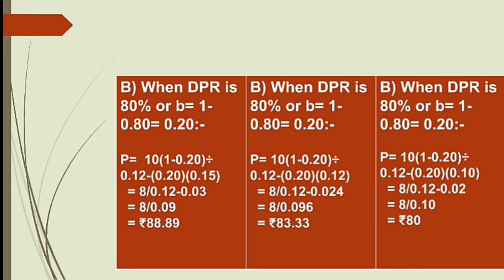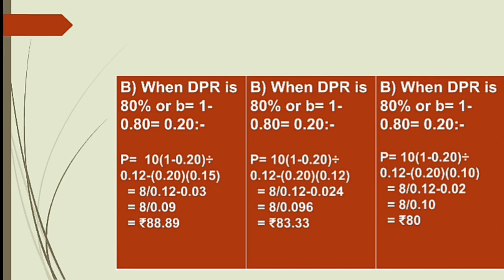Here E is 10 per share, B is 0.20, so 1 minus 0.20, and K stands for 12%. So 0.12 minus 0.20 multiplied by 0.15. After solving, we get 8 divided by 0.12 minus 0.03, which is 8 divided by 0.09, by subtracting 0.03 from 0.12.